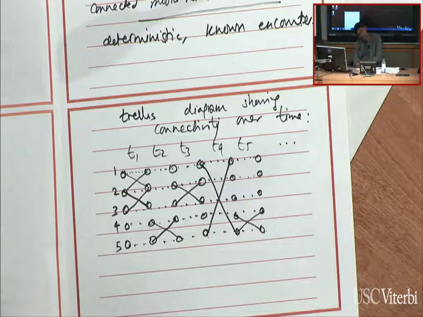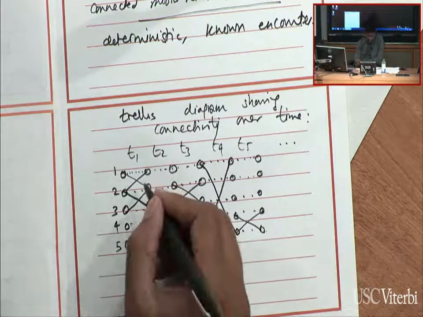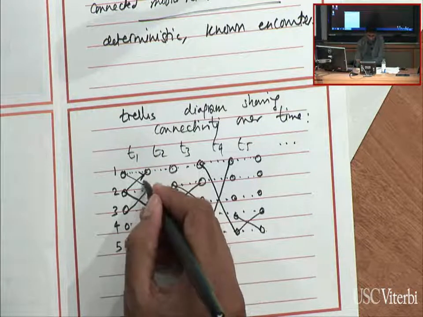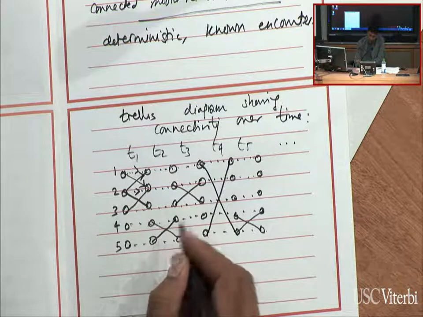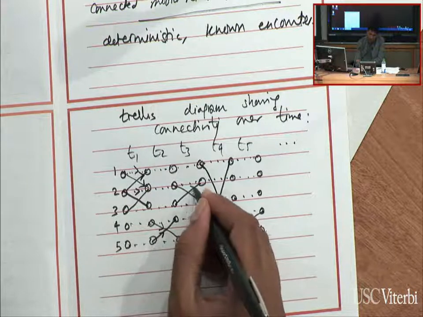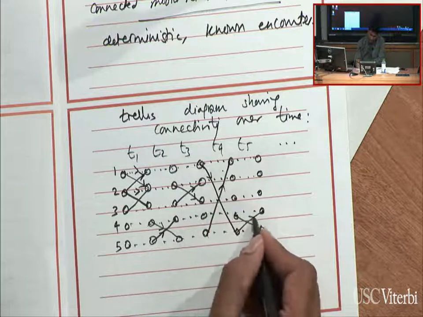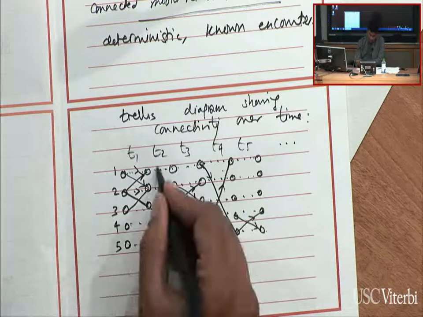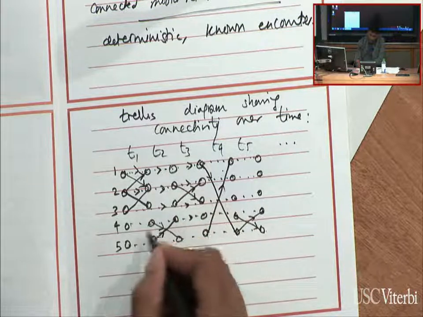So in this trellis diagram, if I put arrows on the edges, so there's an arrow going in the forward direction over time, that's causality. Okay, so all of these edges would be labeled with the direction.